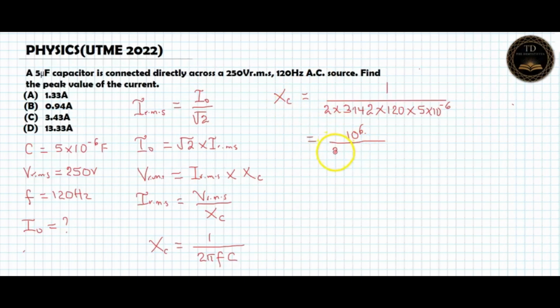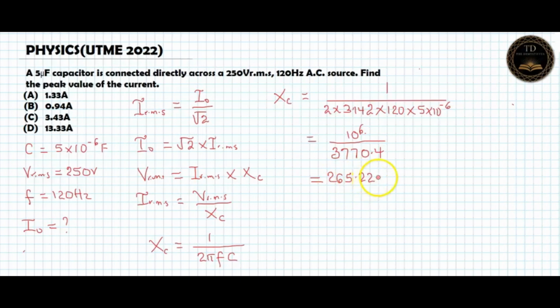Let me put that down: 3770.4. Then recall that 10 raised to the power 6 is 1 million. So 1 million divided by 3770.4 will give me 265.22.